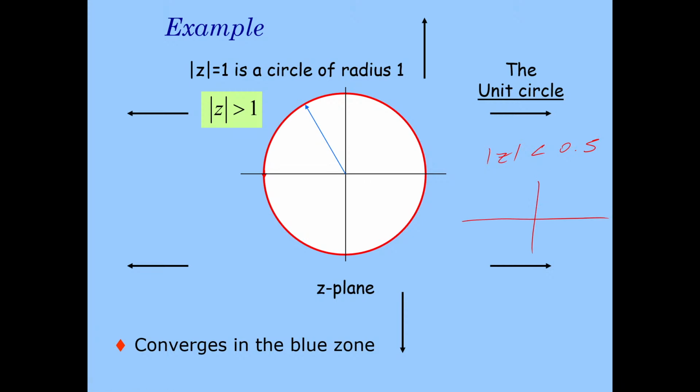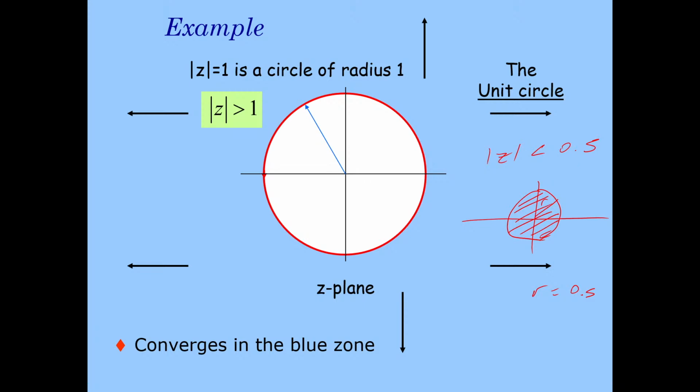What this means here is that I'm going to have a circle in the z domain centered about the origin, where this radius r here is going to be equal to 0.5. And because magnitude of z here is going to be less than 0.5, that means that we're going to be shading everything inside our circle here with radius 0.5.